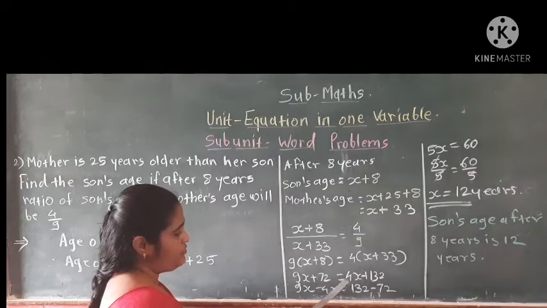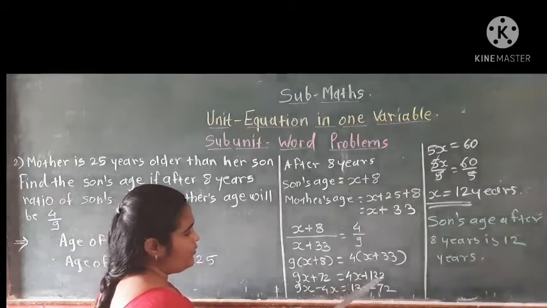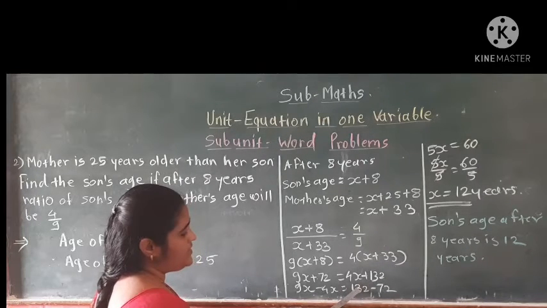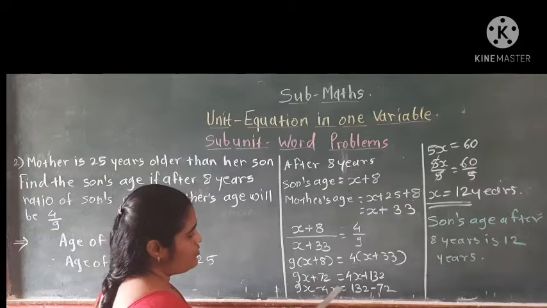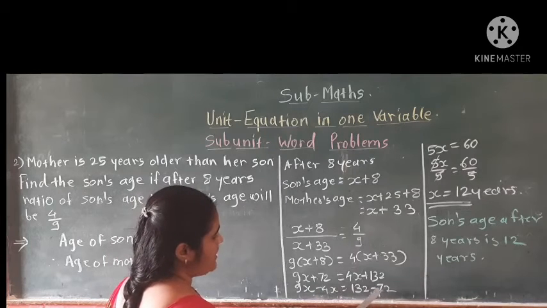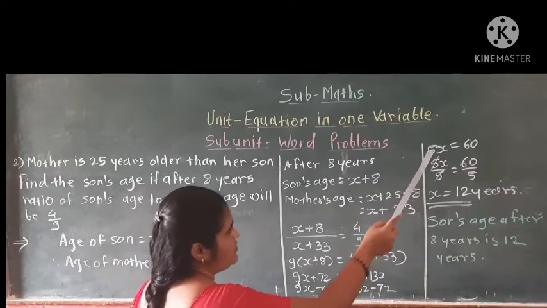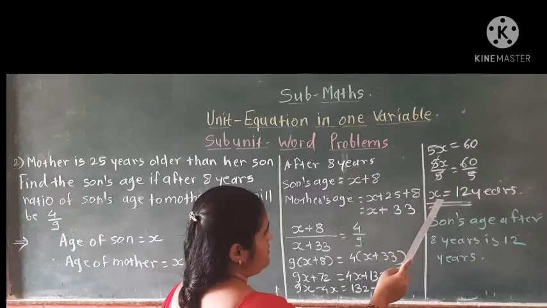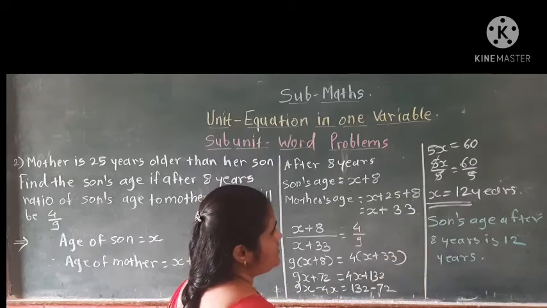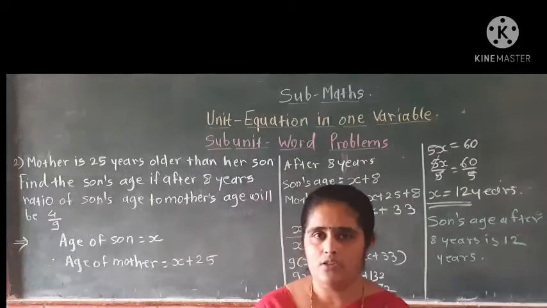Then we have 9x minus 4x, and 132 written as it is on the right hand side. We have to transfer 72 to the right hand side, it is minus 72. Then 9x minus 4x is equal to 5x and the subtraction is 60. Therefore the answer of x is 12 years, means the age of son is 12 years.